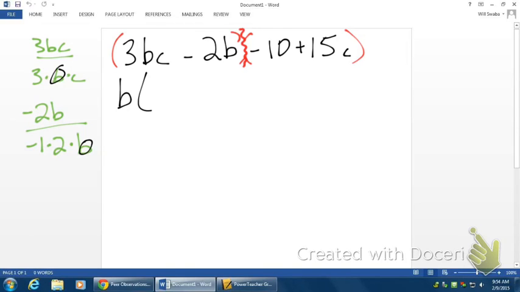Well, from my 3BC, all I have left is 3C. From my negative 2B, all I have left is a negative 2.